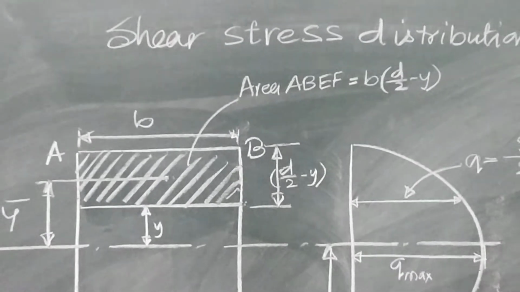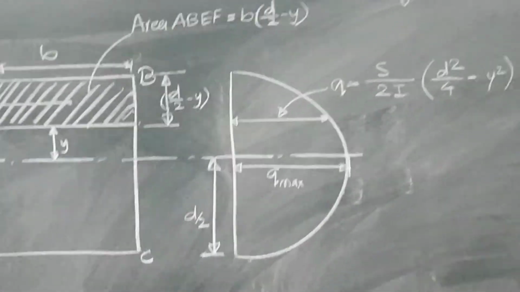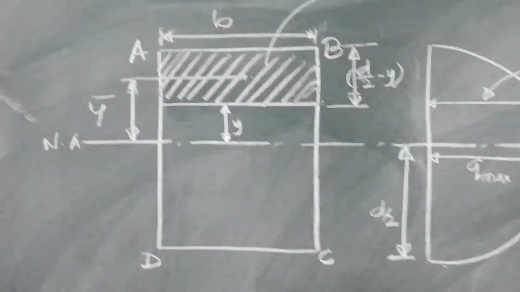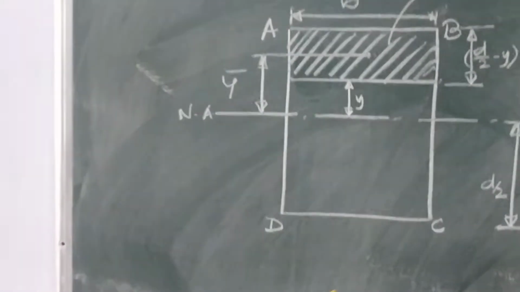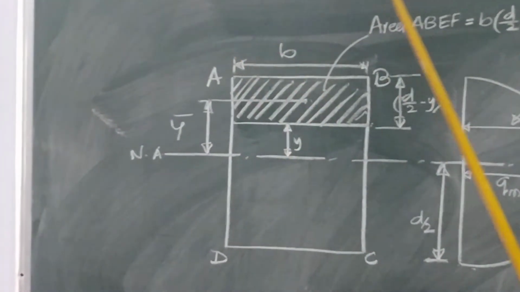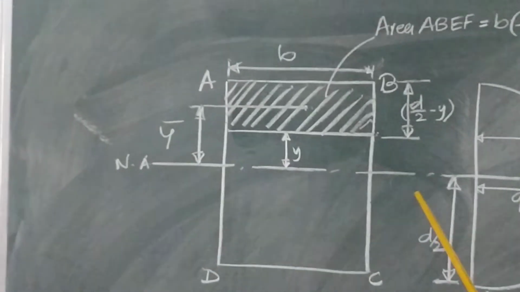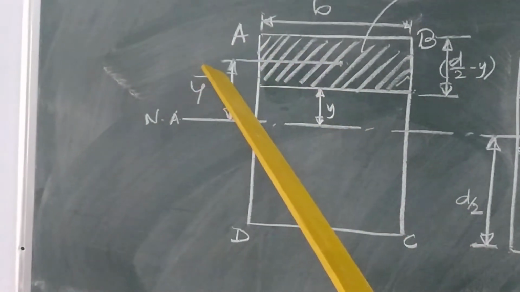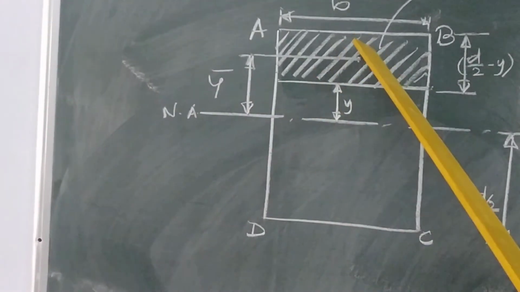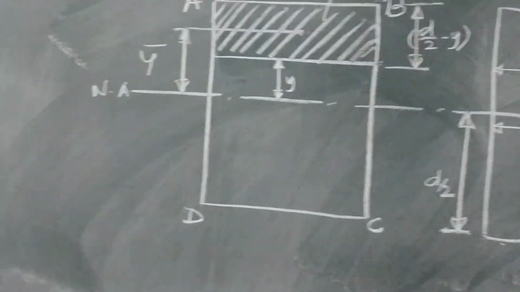Let us now study shear stress distribution for rectangular section. Consider this rectangular section ABCD having width as B and depth as D. So, this is neutral axis, this is CG y bar, CG of this selected section ABEF. Let me write down there EF.